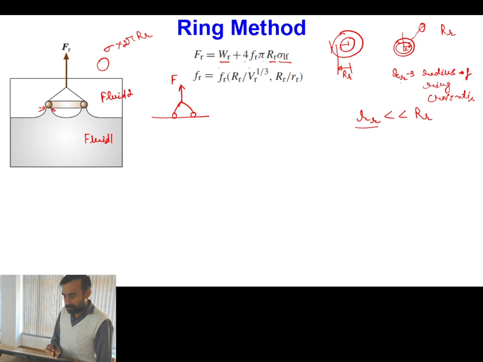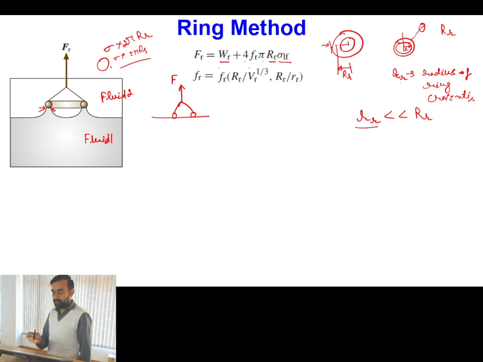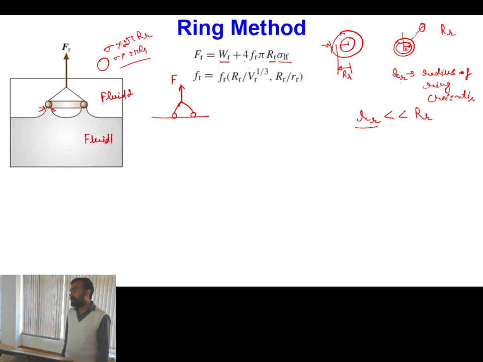The outer interface is also in contact, so for the outer interface again I have sigma times 2 pi R. Ultimately the sum of these two becomes 4 pi R into sigma.